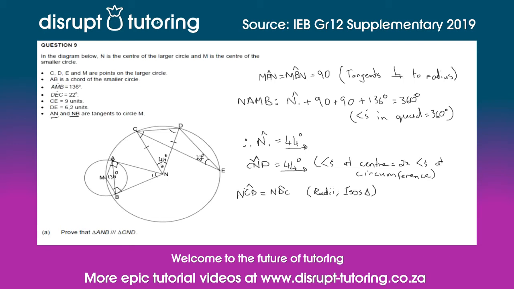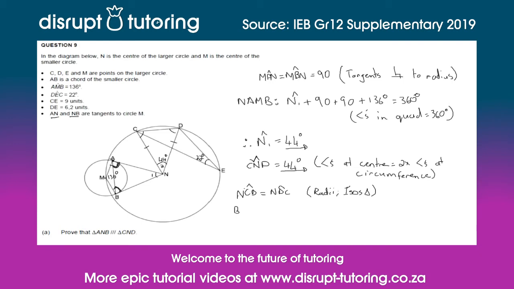And we can conclude that this angle A in this triangle and this angle B in that triangle is also equal because of the theorem tangents drawn from a common point are equal.